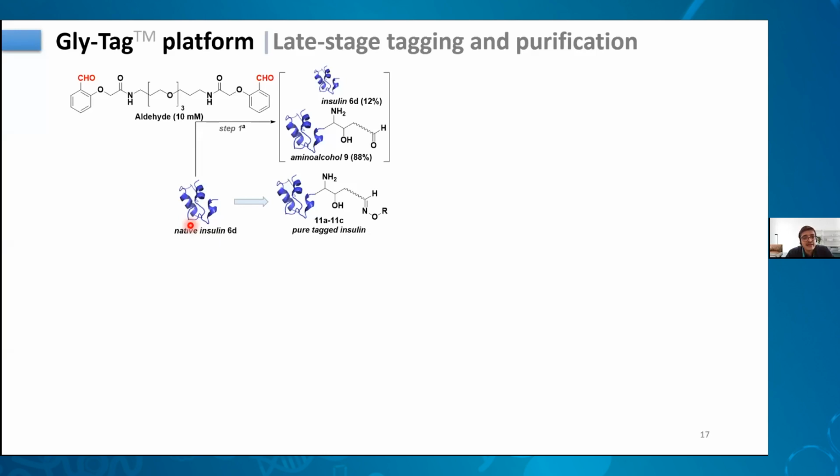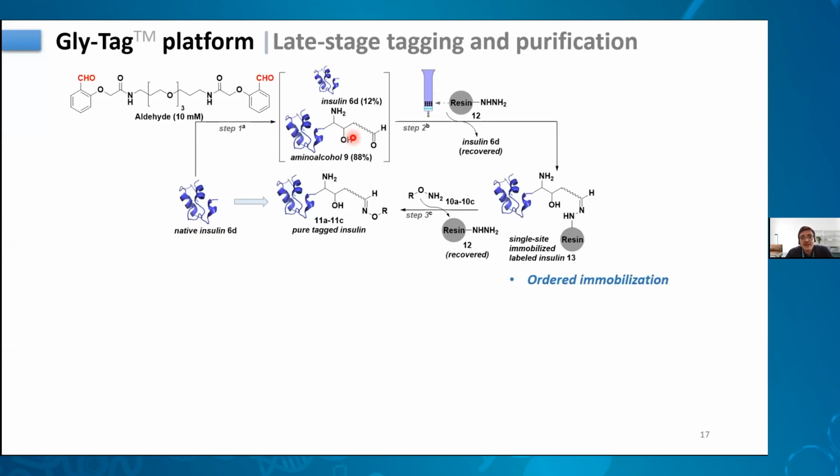So if you treat insulin with such a Gly-tag reagent and let the reaction go for a while, you can take this mixture and, along with acyl hydrazide functionalized resin, conveniently capture this aldehyde through hydrazone formation for single site immobilization of this insulin. And you can also recover the unreacted insulin with very high efficiency.